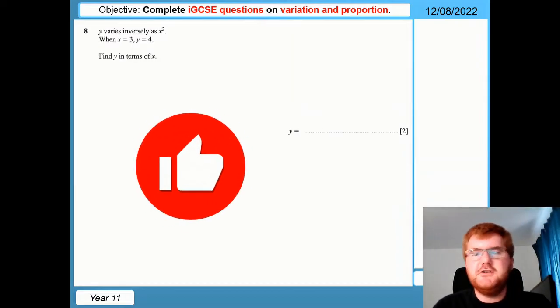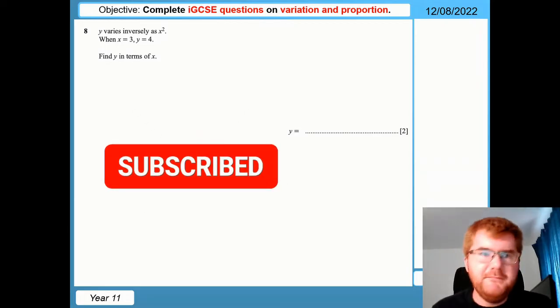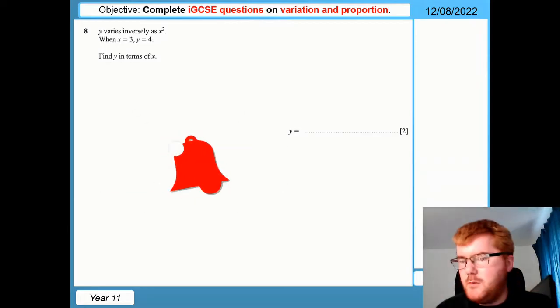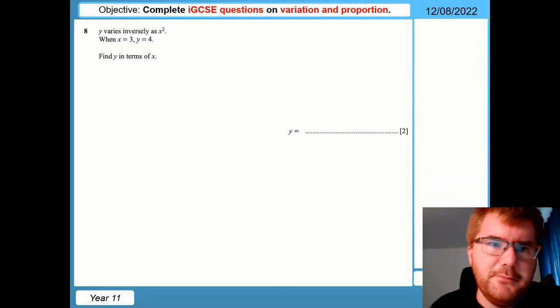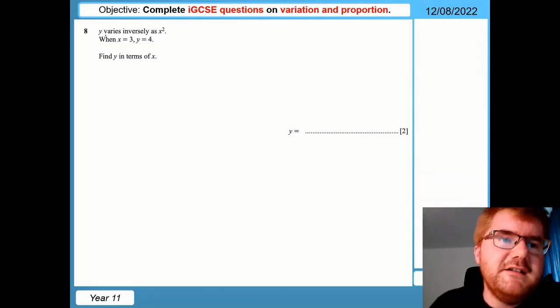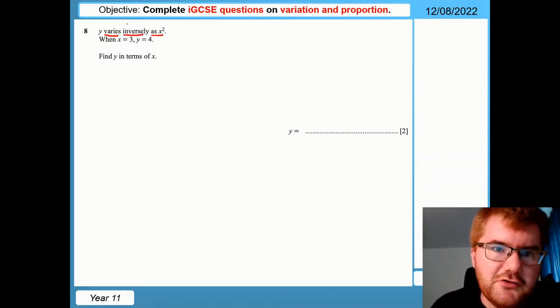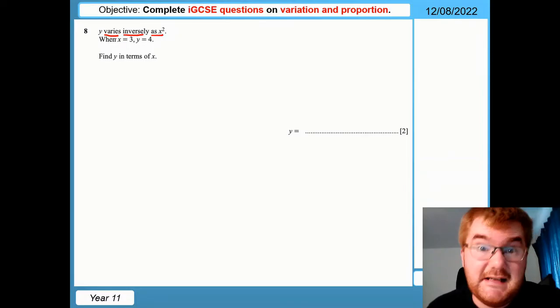Okay, and next question. So this is a paper 2 question, smaller one. Again, works in a very similar way to what we've looked at before. Hopefully you're really getting the pattern of these questions by this point. So y varies inversely as x squared, and we need to translate that into our proportionality statement.